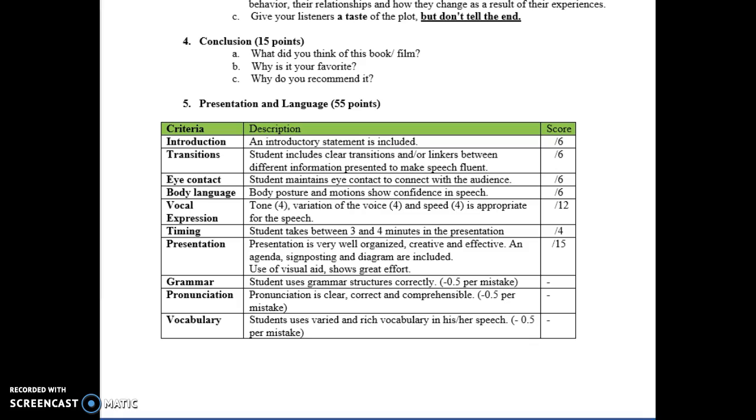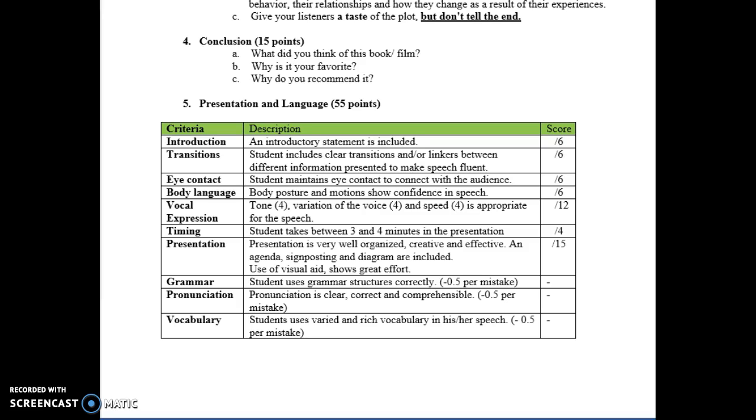So if the first point of your agenda is explaining the film, there's going to be a slide that says film information. If the second point of your agenda is characters, then there's going to be a slide that says characters. Signposting is helping the audience understand the order of your presentation.